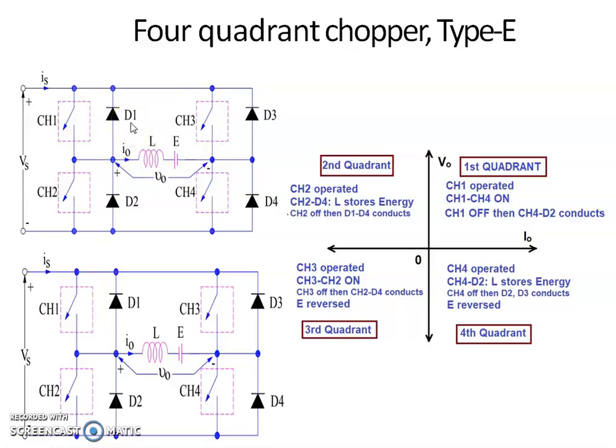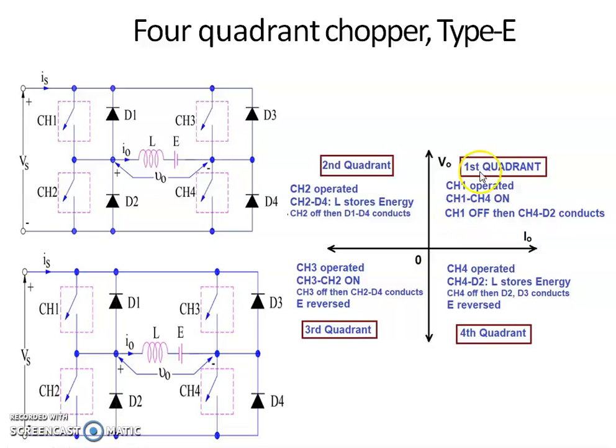It also consists of four diodes D1, D2, D3 and D4. VS is the input DC voltage, and this chopper circuit is known as class E chopper or type E chopper, and it gives all four quadrants of operation.